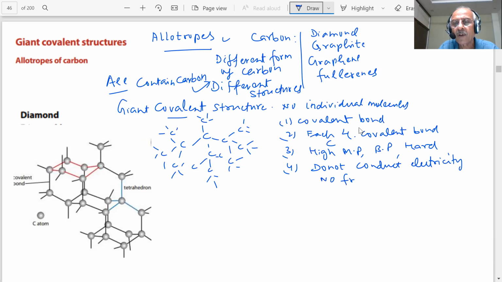When there are no free electrons, there will be no conduction of electricity. It is also not soluble in water or organic solvents.